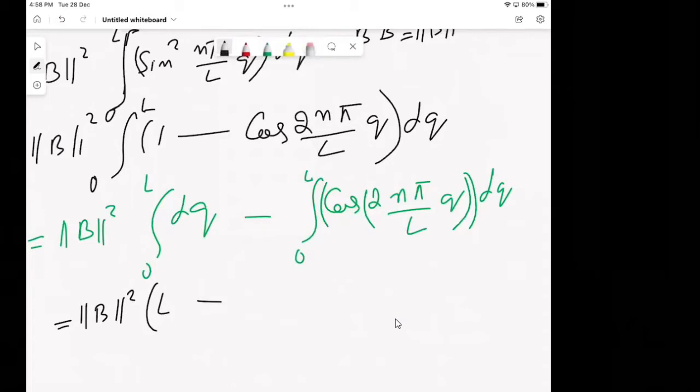So this will be equal to sine 2n pi over L q.